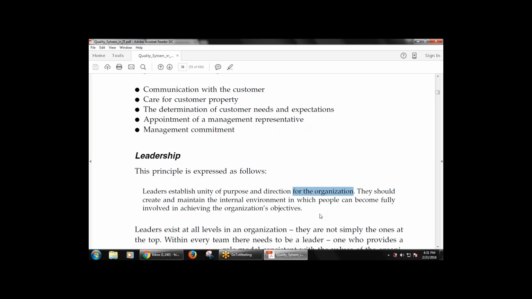What is the main unity of purpose? What is the main direction for the organization? And they should also create and maintain the internal environment in which people can become fully involved in achieving the organization's objectives.